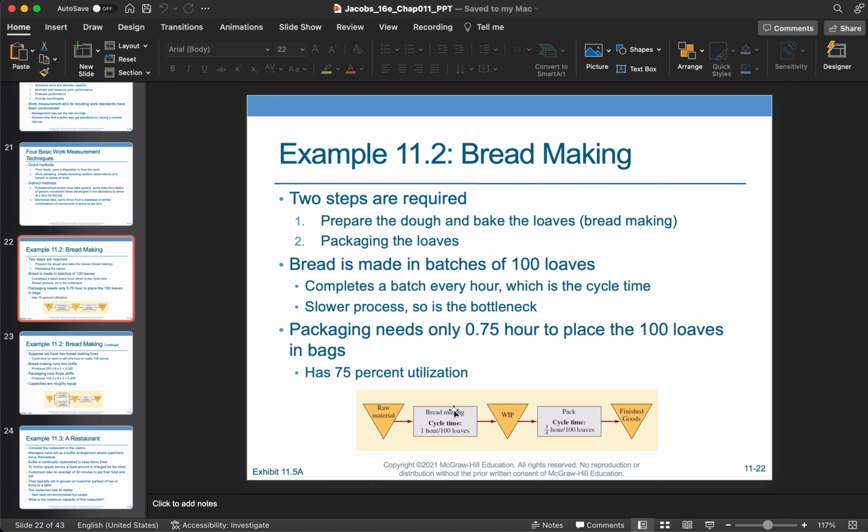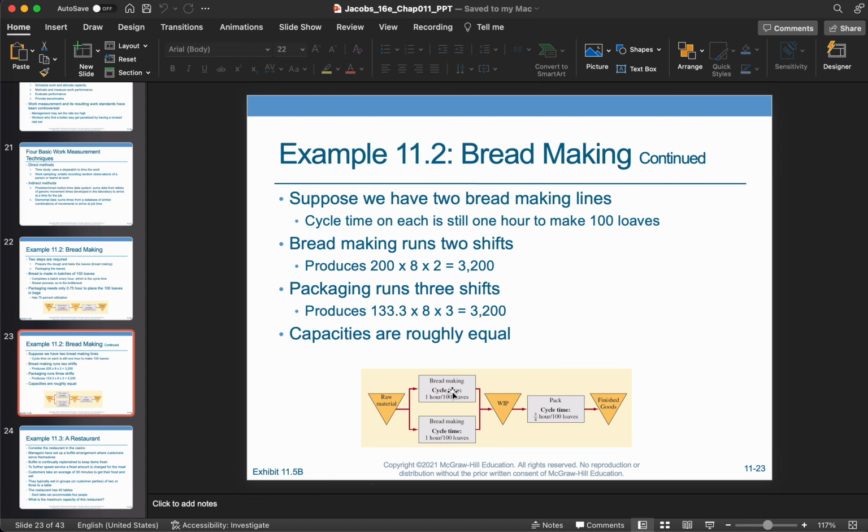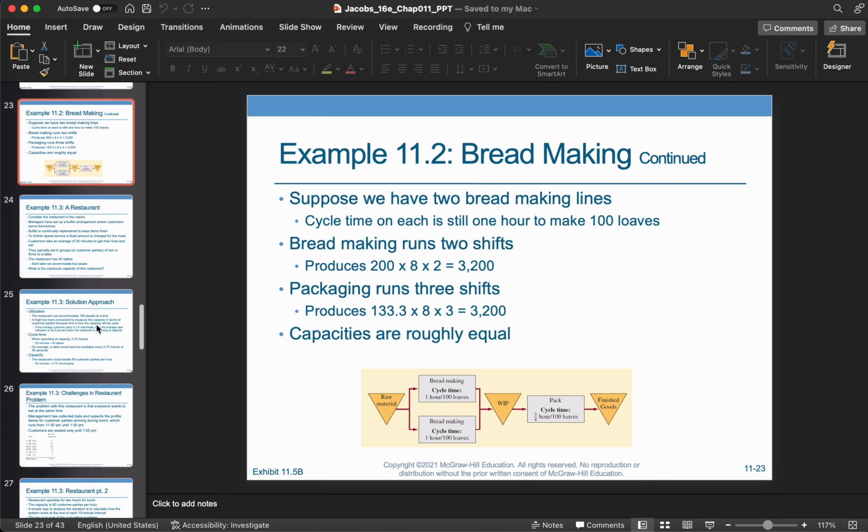So my bread making process is not balanced because one part of the process has a capacity of 1,600, the other has a capacity of 3,200. But if I have two machines and then I run 2 shifts, now I can have the capacity of this process be 3,200 with every part of the process having the same capacity. Right? And that's the bread making example.